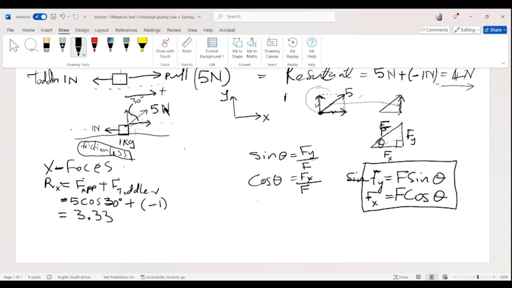If it's positive 3.33, it means the resultant force is acting in that direction, newtons. Now let us resolve the y forces.